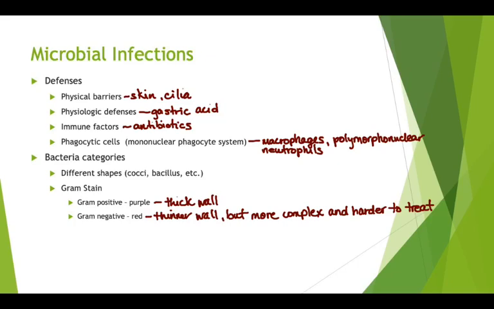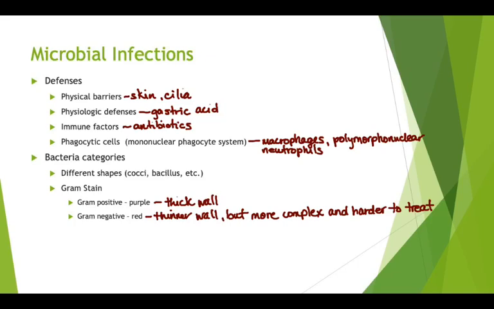If the bacteria attacks the system and the system has an ineffective response, and it tends to overwhelm the body's defense system, that's when the patient is going to start to show clinical signs of the infection. Most of the time, some patients don't even show signs of infection because their bodies are able to tolerate the attack, and their immune systems are strong enough that they never show a clinical sign.